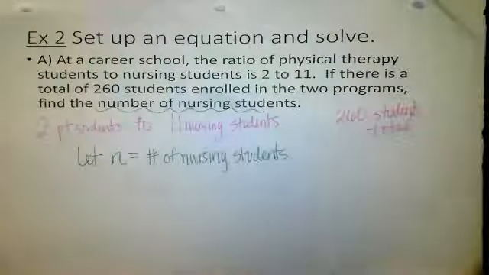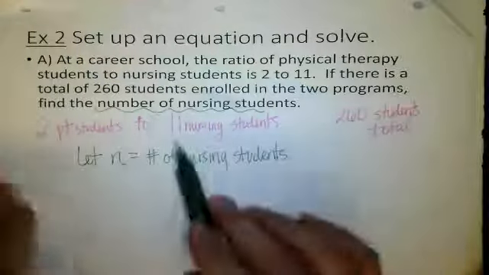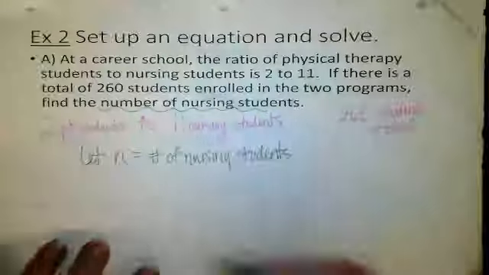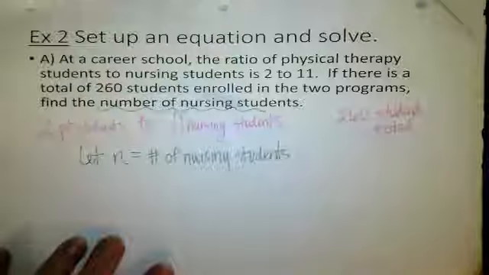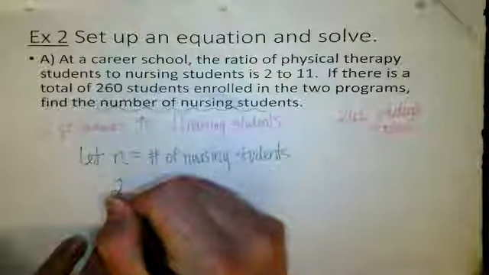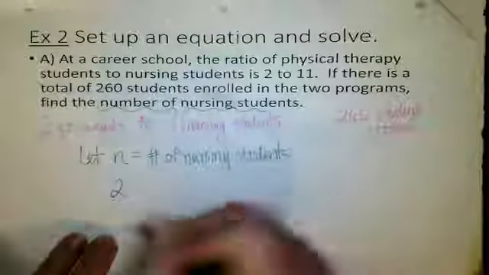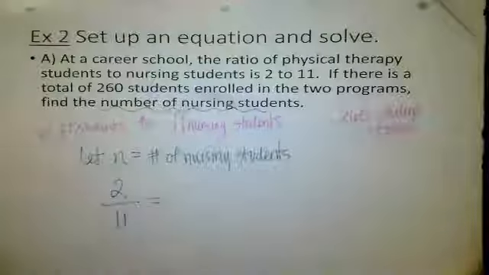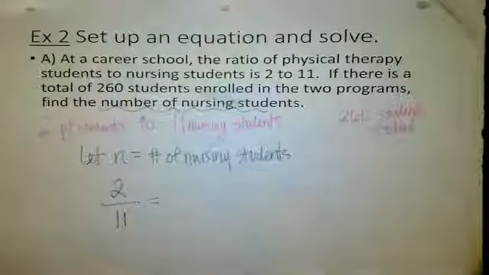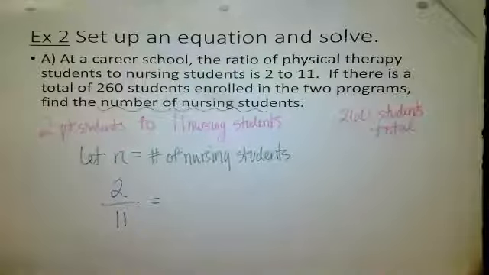Number of nursing students. Okay, so this is a ratio. Ratio is also known as a fraction. So if I know that I have a fraction of 2 physical therapy students to 11 nursing students, then I should also be able to compare the actual number of students.